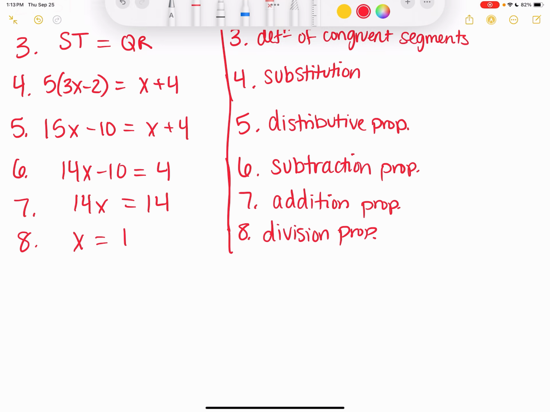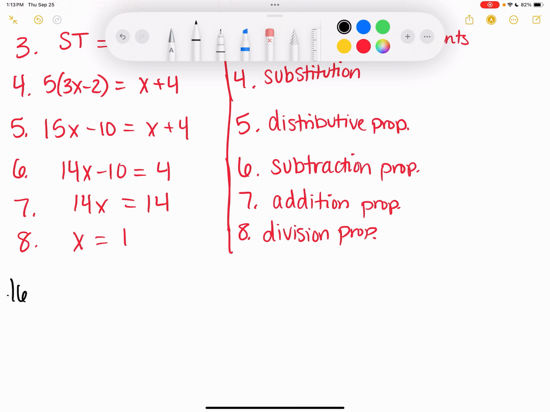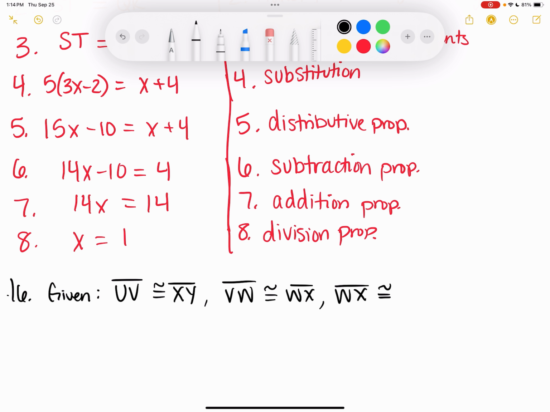All right. So problem 16 tells us the givens are UV is congruent to XY. VW is congruent to WX. All these are segments, obviously. WX is congruent to YZ.